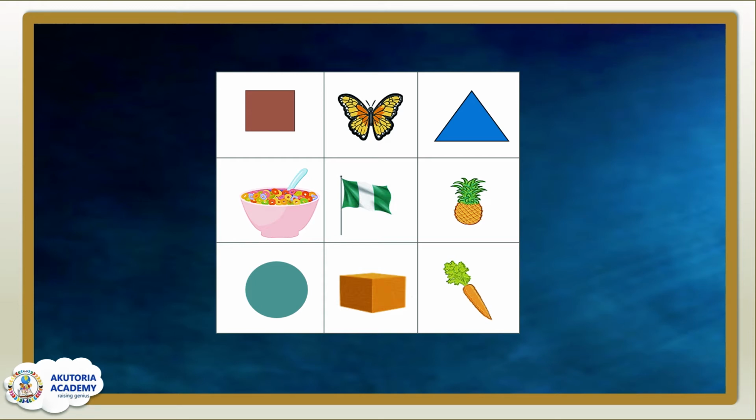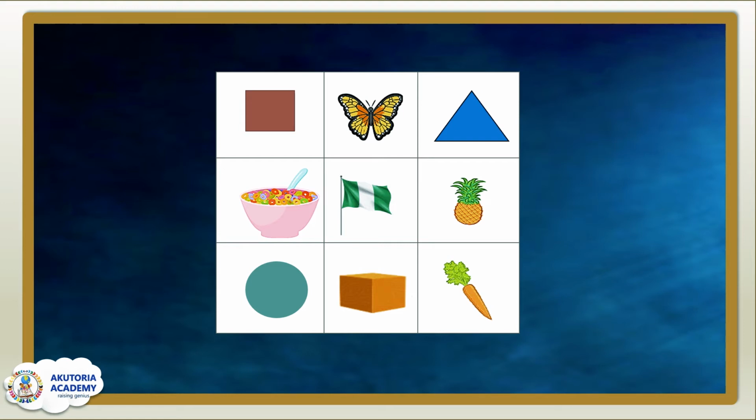Now, where can we find the square? What space is the square occupying? I've looked around the grid and I found the square at a very good position. But what name are we going to give to that position?